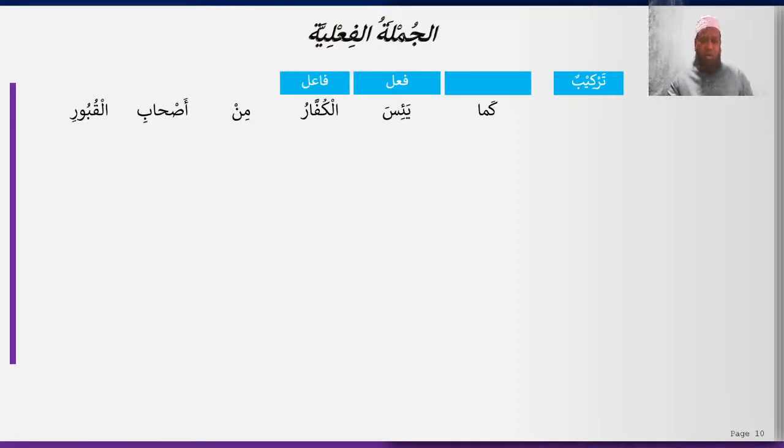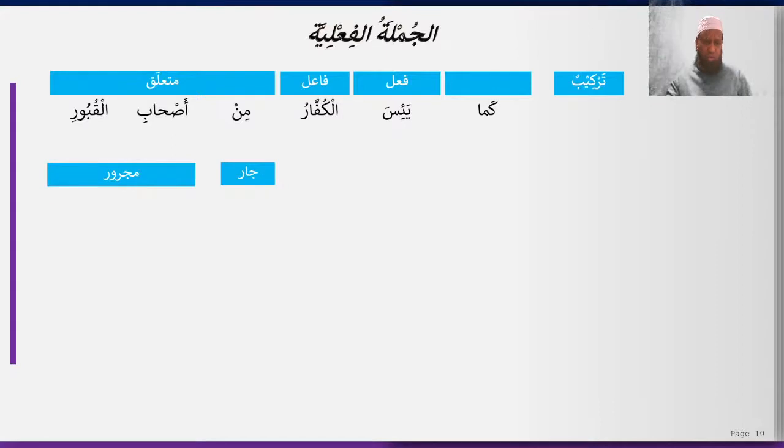Al-kuffaru, fa'il. Min ashab al-qubur, muta'alliq. So in muta'alliq we have a phrase, not one but 2 phrases. Phrases within a phrase. The first phrase is jar and majroor. In majroor slot we have a phrase. Mudaf, mudafun ilayhi.